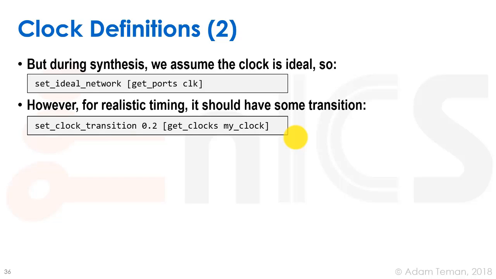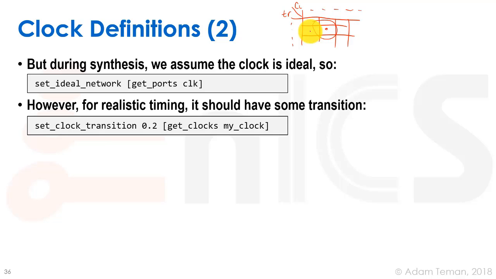For realistic timing, we should put some sort of transition, because if you remember, in our lib files, we have this table that has input transition and output load, and there are all these options according to our lookup table, and for each of them we get some sort of a value somewhere around here, and we do some interpolation to find out what the actual TPD is, T rise and T fall of the output, even the power, and so forth.